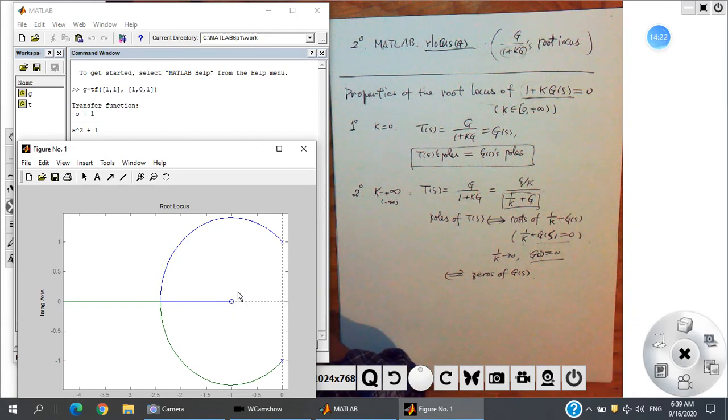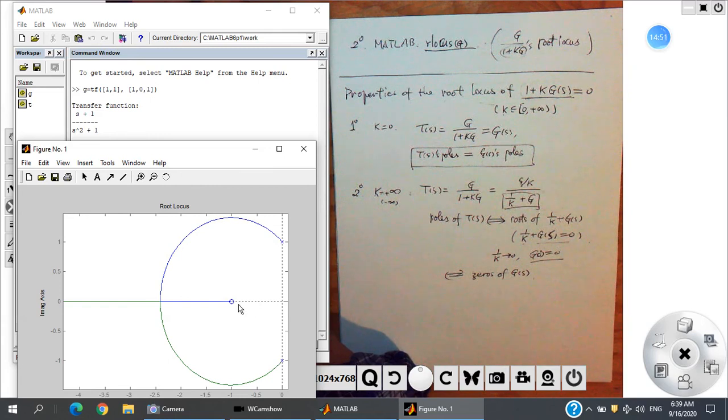So now we know this locus graph contains the PZ map of G, the poles and zeros map of G of S, where G is the plant of the system.